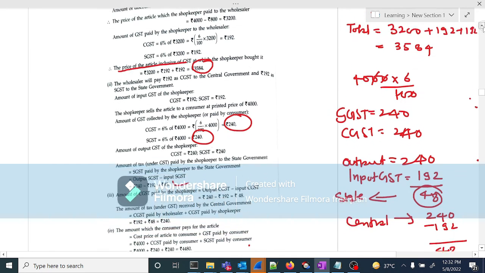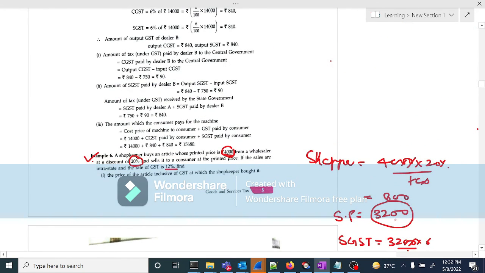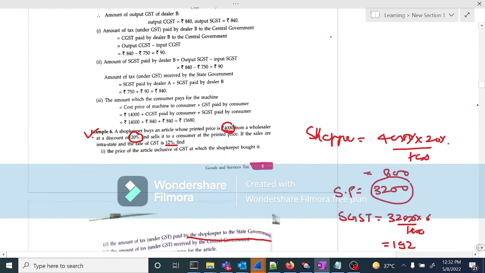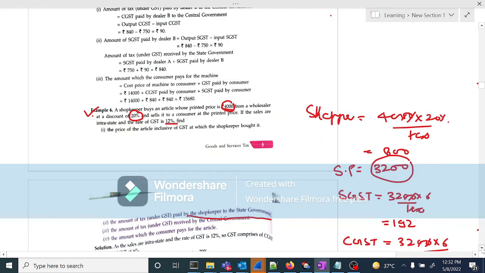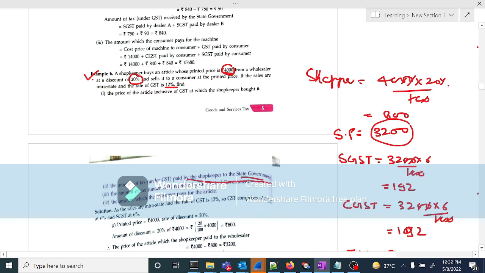So what was the third point? The amount paid to the state government and central government is the same.